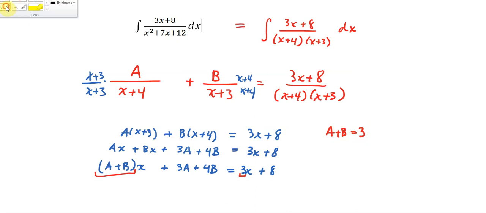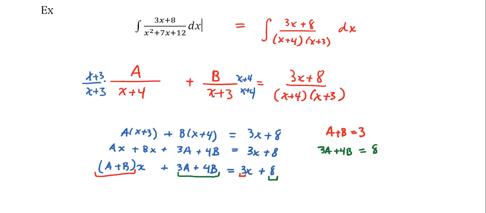And then the constant expression is 3A plus 4B on the left side, and that must be equal to 8. I'm going to write it underneath here. 3A plus 4B must be equal to 8.